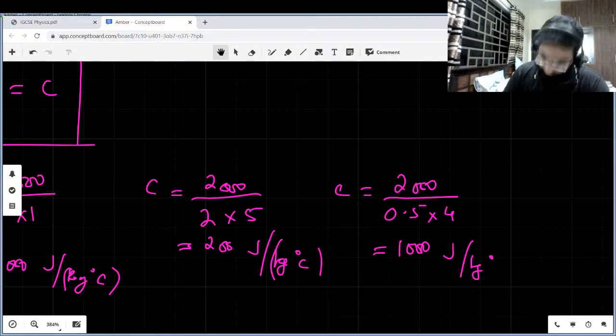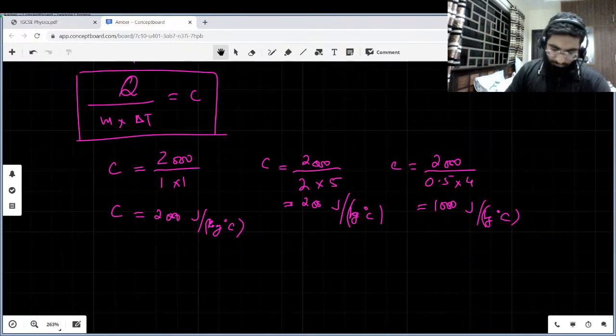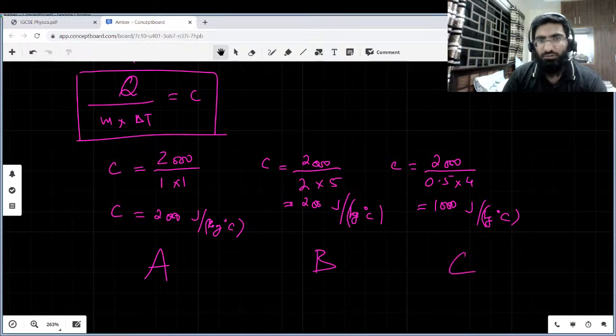So the first one was for substance A, this was for substance B, and this was for substance C.